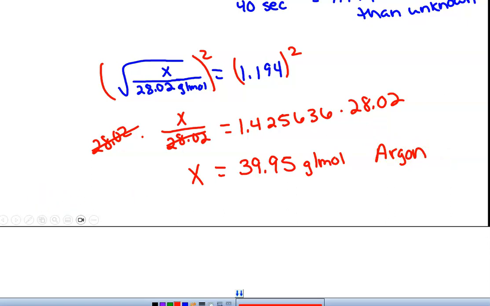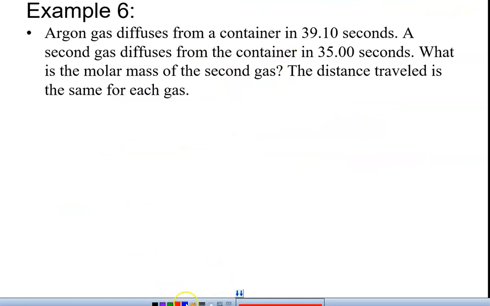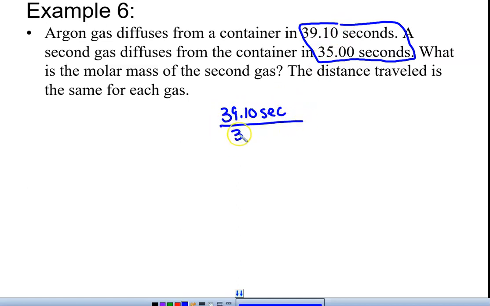Let's look at our final example. So here we are. We've got some times again. So what can you do if you've got times? You can take the bigger time over the smaller time. And that's going to give you the times faster. So if I divide these out, I don't need to do square root. Remember, only do square root if they're molar masses.